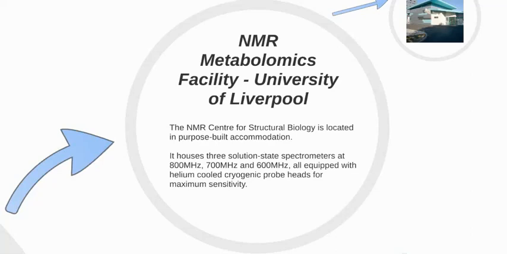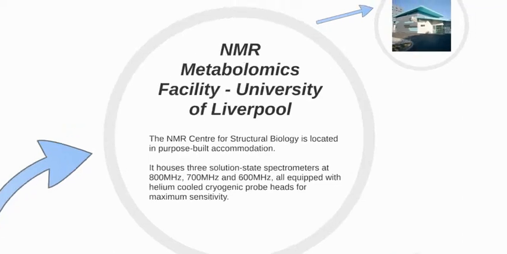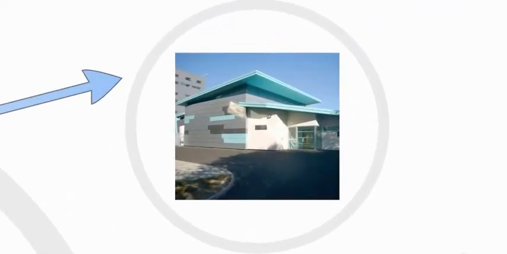The facility has received funding from the MRC Clinical Research Capabilities and Technologies Initiative previously. It houses 3 solution state spectrometers at 800 MHz, 700 MHz and 600 MHz, all equipped with helium-cooled cryogenic probe heads for maximum sensitivity. Here's our building.